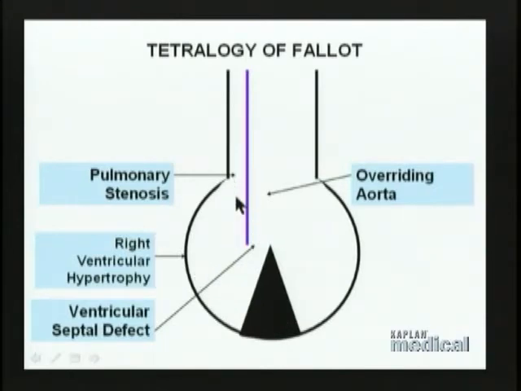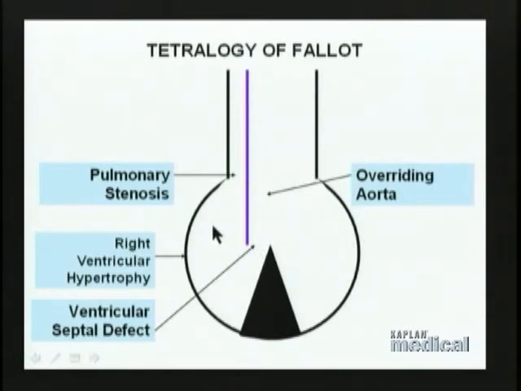In order to try to pump blood through the stenotic pulmonary valve, there's going to be a lot of work demanded of the right ventricular wall, and when you demand a lot of work of muscle, the muscle hypertrophies. So that's a normal physiological response to the defect. What it really is, is a physiological response to the structural defects. The structural defects are the pulmonary stenosis, the overriding aorta, and the ventricular septal defect.